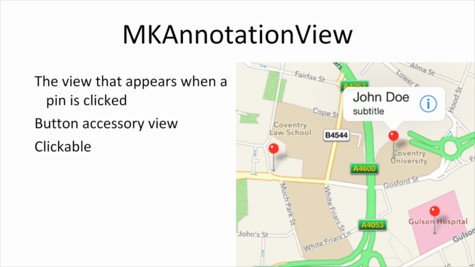So here's an example of an MK annotation view on iOS 7. So there's my reviews of one of my books. So there's 3 locations which are EC building, yeah, what else? No, that's EC building, isn't it?